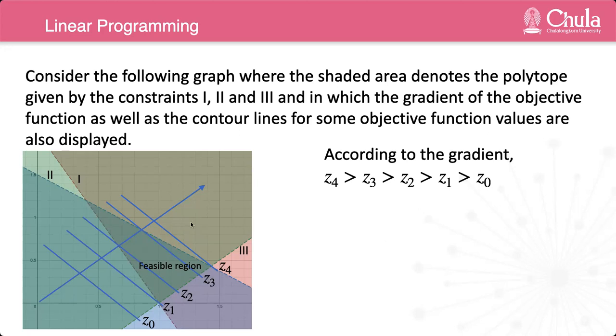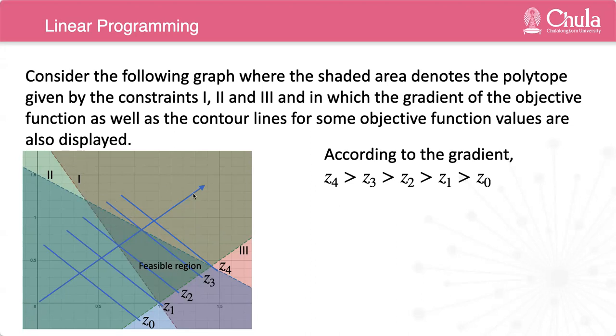Okay? Consider this figure. Imagine that we have 3 constraints. The first constraint limits our feasible region to the right-hand side. Okay, this is the first constraint, right?